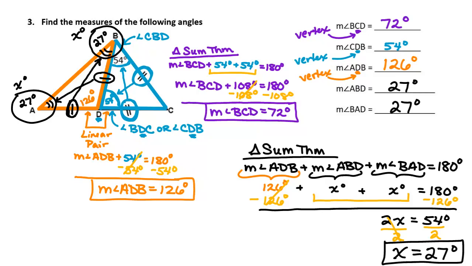So 54 degrees is an exterior angle of that orange triangle. 54 degrees is equal to the sum of my two remote interior angles. Those were the two angles that we were looking for. So we could have done x plus x equals this outside angle, 54 degrees. We could have shortcutted that a little bit. Triangle sum theorem or exterior angles theorem could be used there.